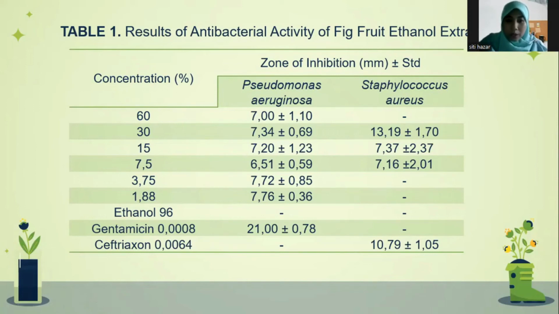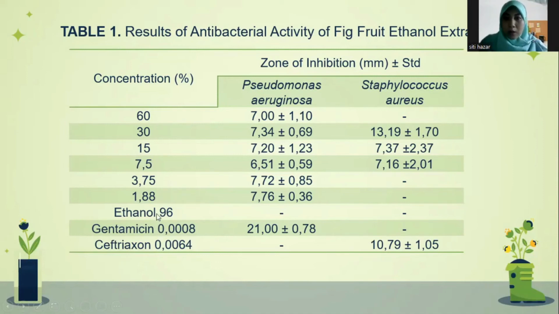We can see that ethanol 96% has no antibacterial activity. There is no inhibitory zone around the paper disc soaked in ethanol 96%. This is the ethanol we use to mix the extract.